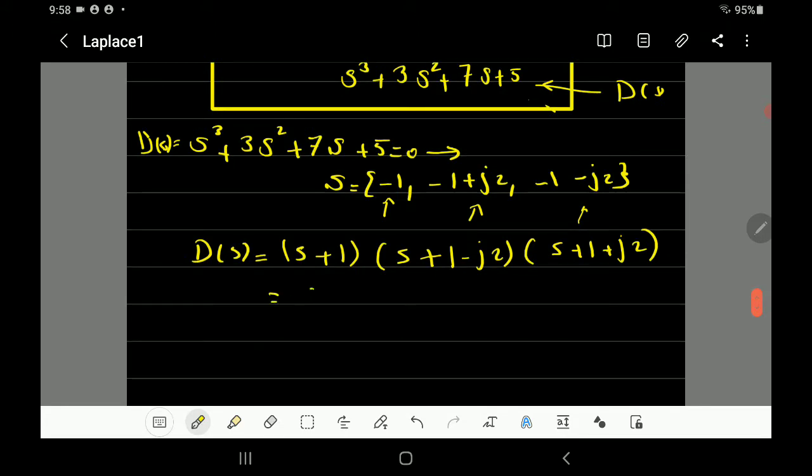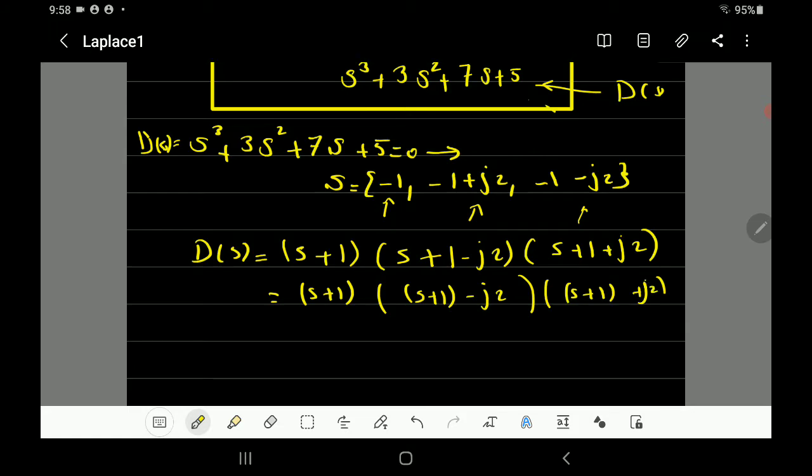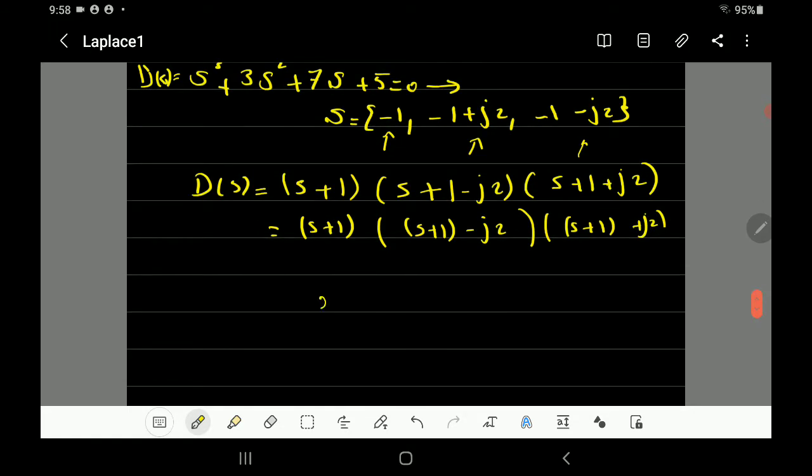so that will be equal to s plus 1. And how you deal with this one, I'm going to deal with it in a different way. I will put s plus 1 minus j2 in one bracket, and s plus 1 plus j2 in another. And we know that when you have a plus jb times a minus jb, a times a is a squared, minus j times plus j will give positive b squared.